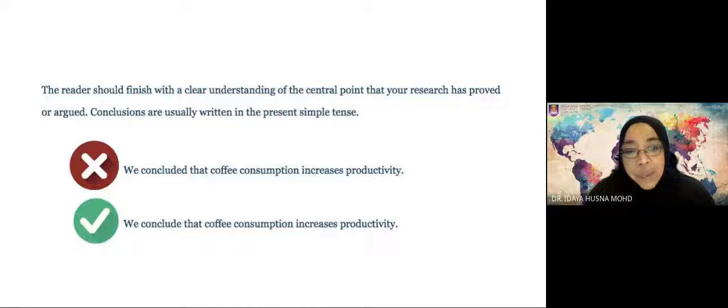There are two different word structures here, and the reader should finish reading your abstract with a clear understanding of the central point of your research, which has been proven and argued.